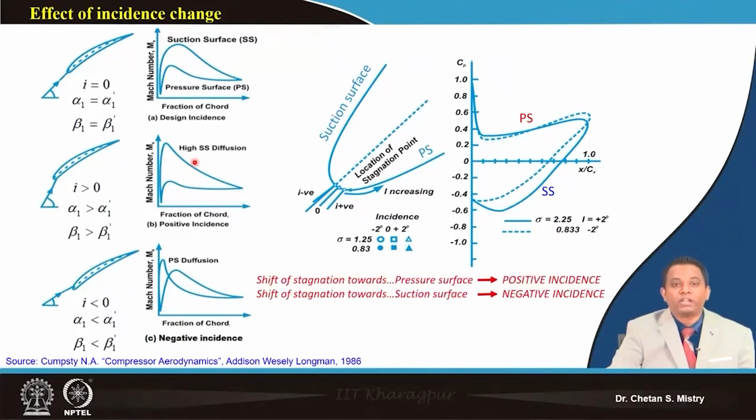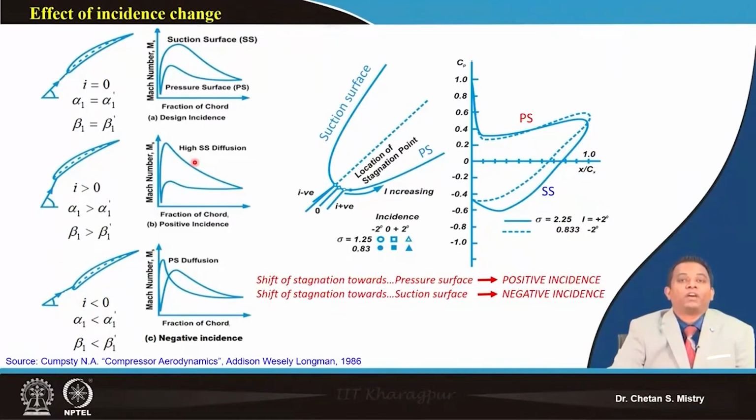Then we discussed how we define a positive incidence angle and how to define the negative incidence angle. That is based on how my stagnation point is located on my leading edge. If the stagnation point is located towards the pressure side, we say that is positive incidence angle.